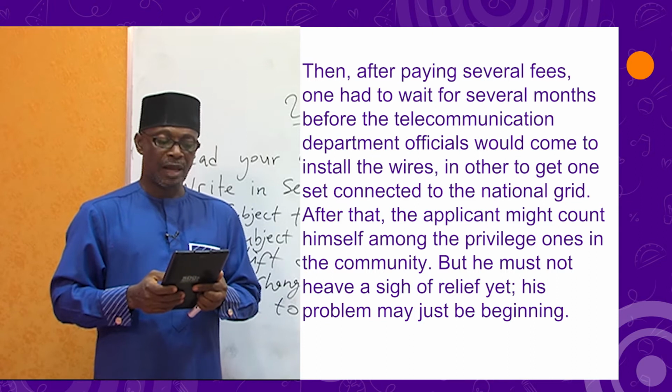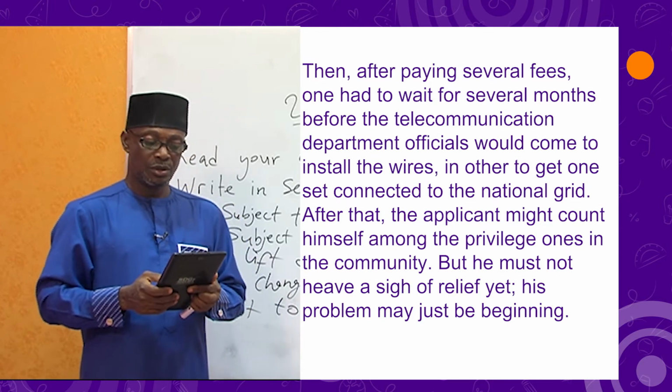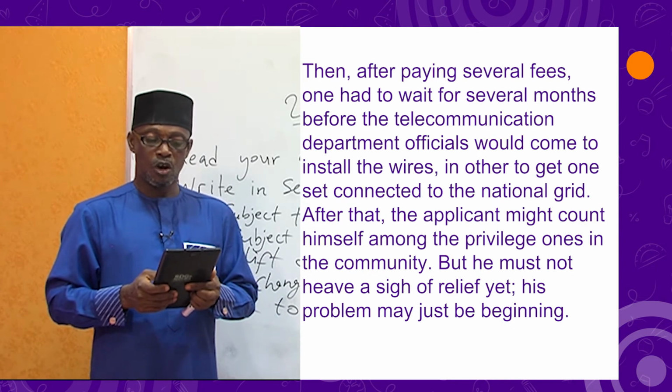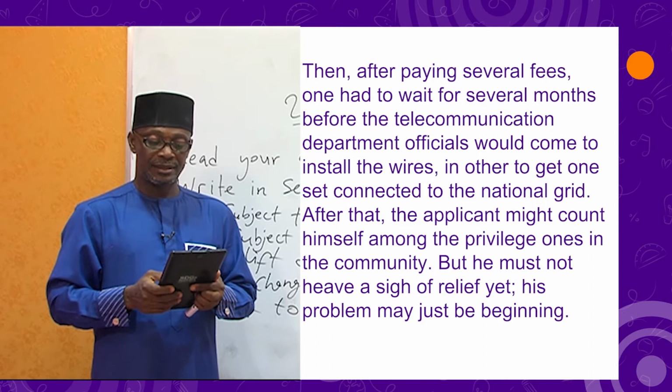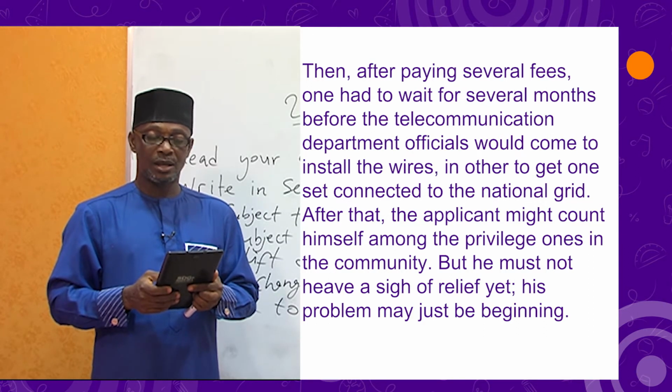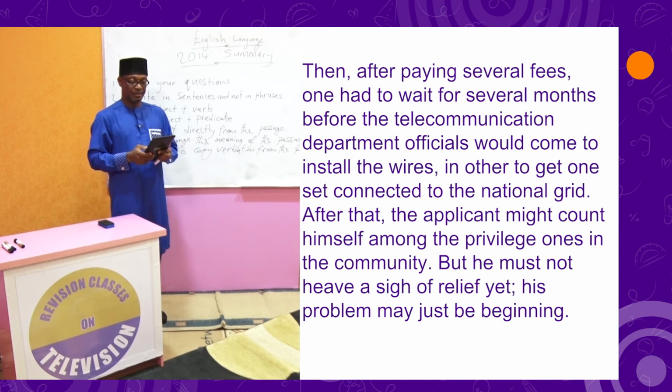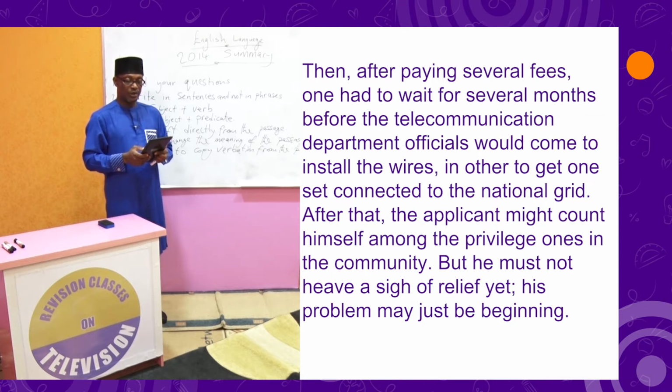Then, after paying several fees, one had to wait for several months before the telecommunication department officials would come to install the wires in order to get one set connected to the national grid. After that, the applicant might count himself among the privileged ones in the community, but he must not heave a sigh of relief yet.